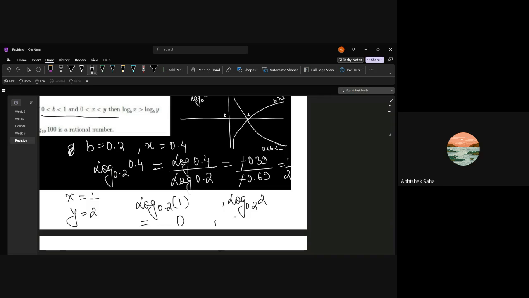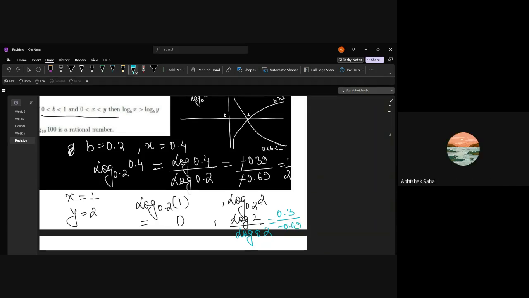So use again log 2 upon log 0.2. Log 2 is 0.3 and log 0.2 is minus 0.69. It is negative, right?